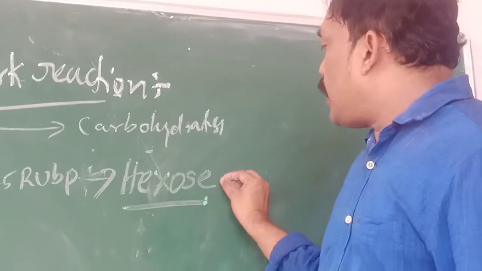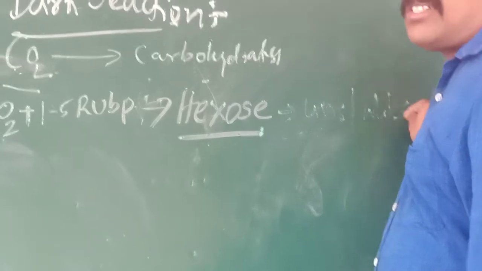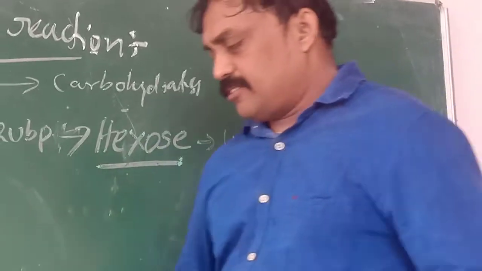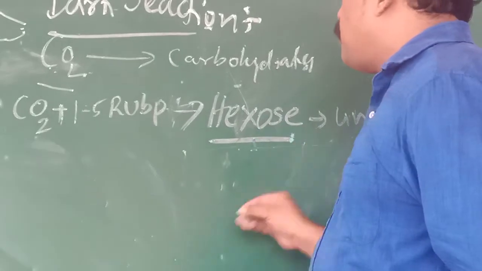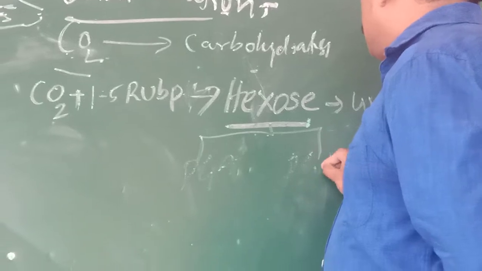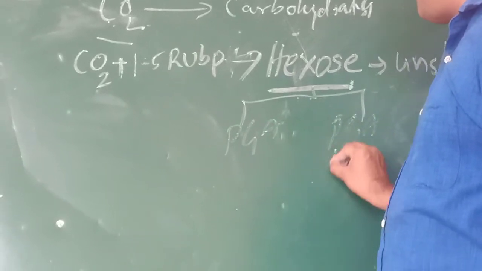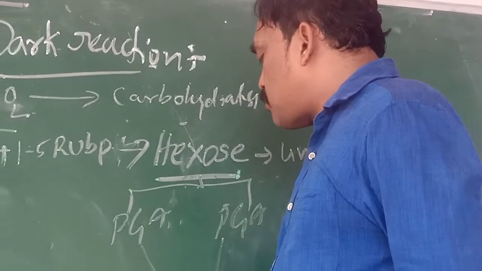This hexose sugar is an unstable substance. Unstable means it is not stable, it always wants to divide. It is divided into phosphoglyceric acids, PGA and PGAL. This PGA, by using ATP energy, again forms glucose.